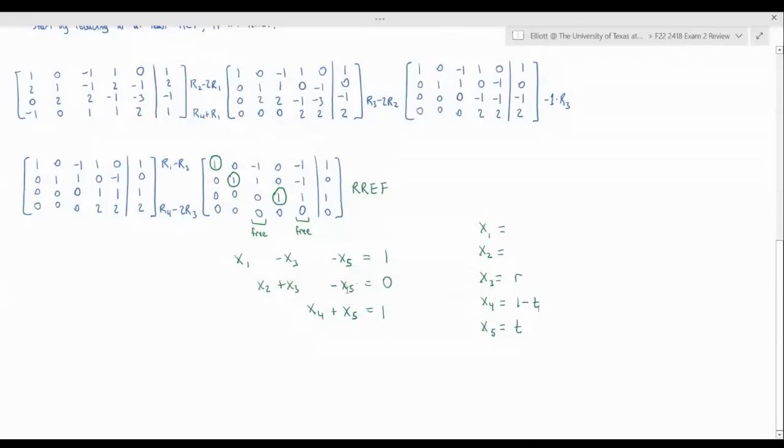So it's going to be minus R and plus T. And then again, plug in R and T for x3 and x5. Move them over to the other side. So we're going to get x1 is 1 plus R plus T, okay?